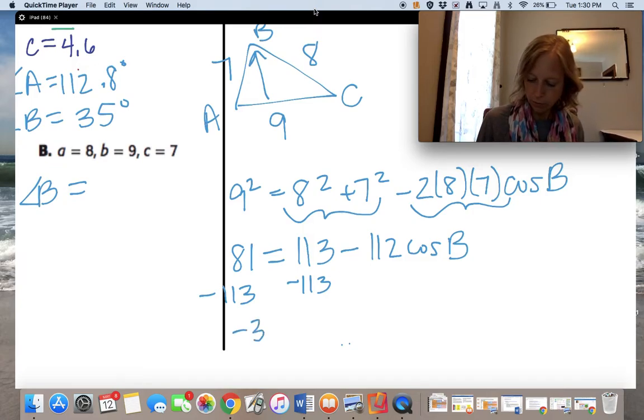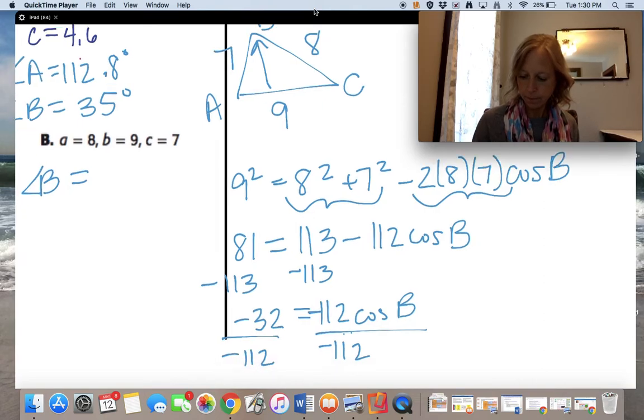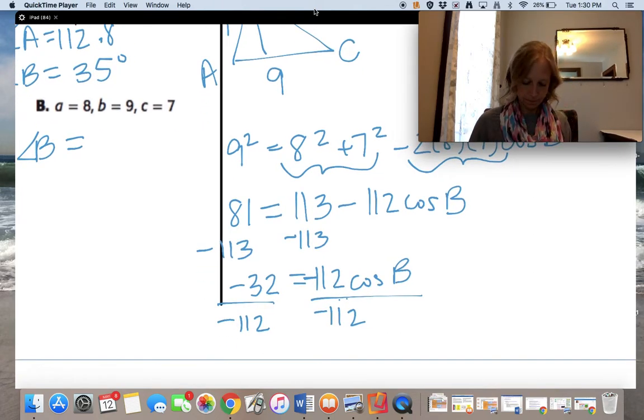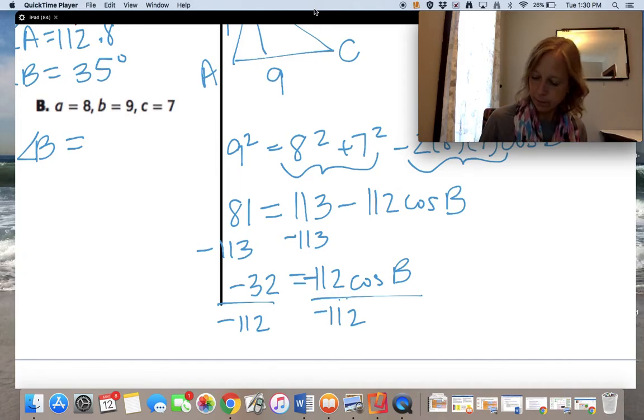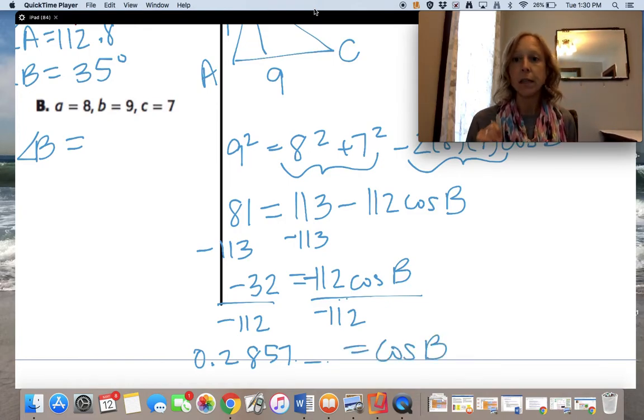We'll have to subtract the 113 from both sides. Negative 32. And then divide both sides by negative 112. So I've got right now 0.2857 and so on equals the cosine of B. We'll use inverse cosine now to solve for our angle.